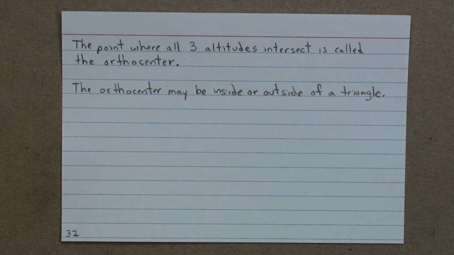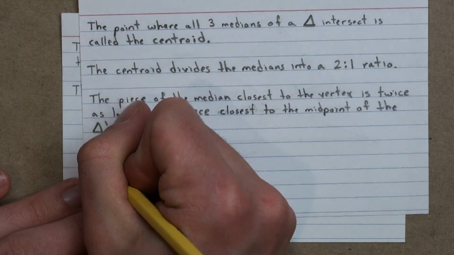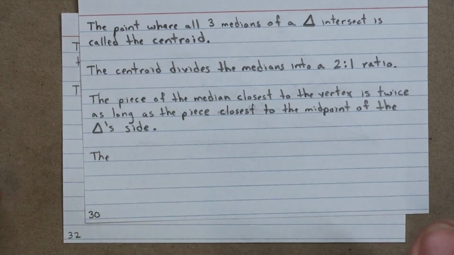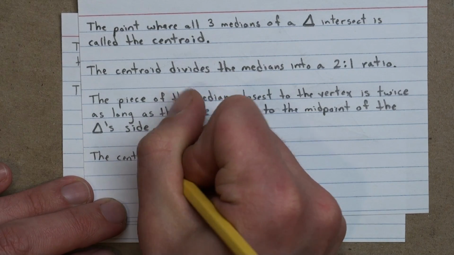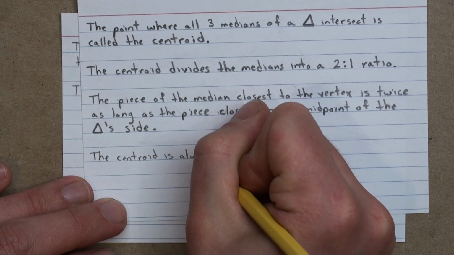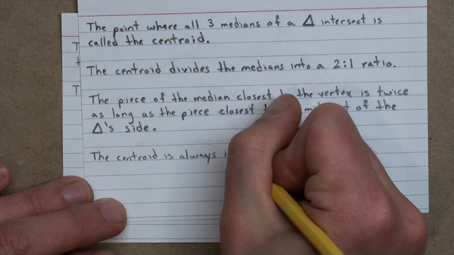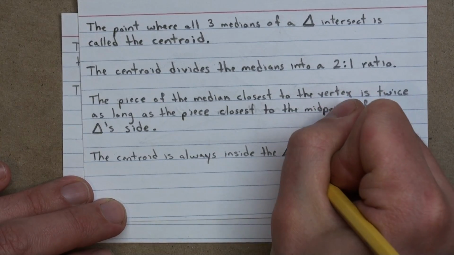Now I want to just quickly go back to card number 30, and let's just put, this is card 30, the centroid is always inside the triangle.